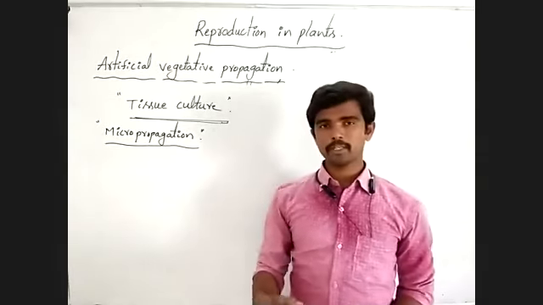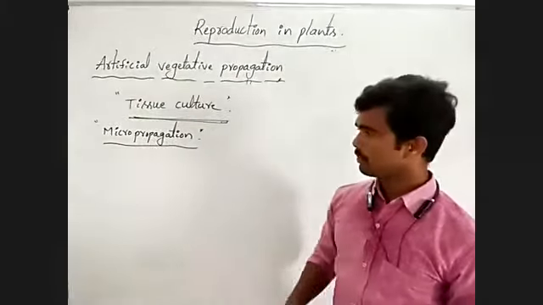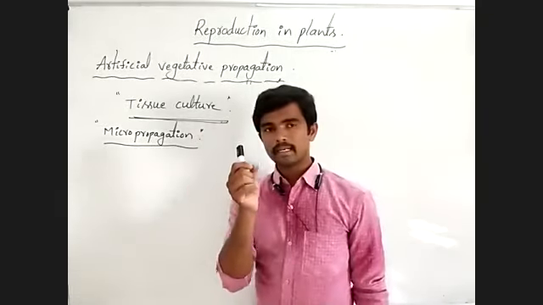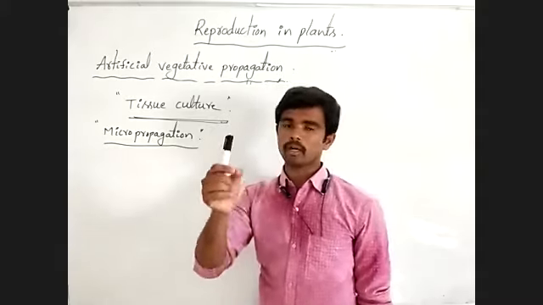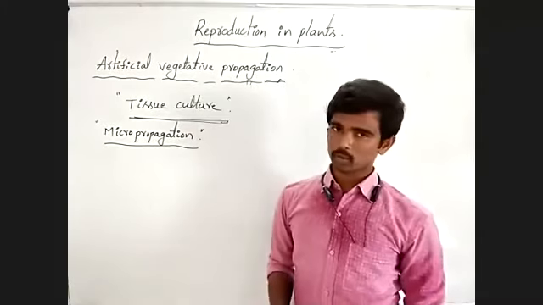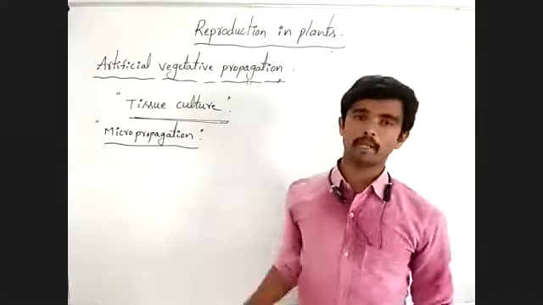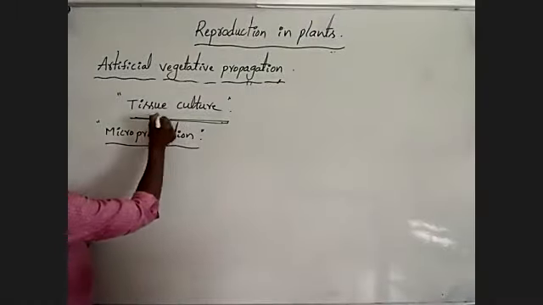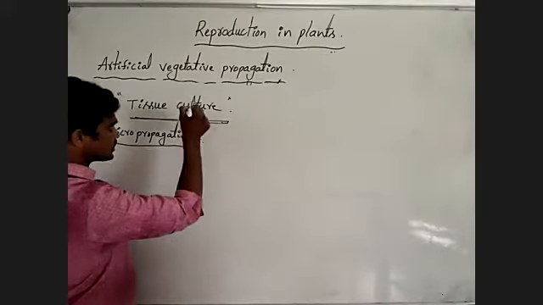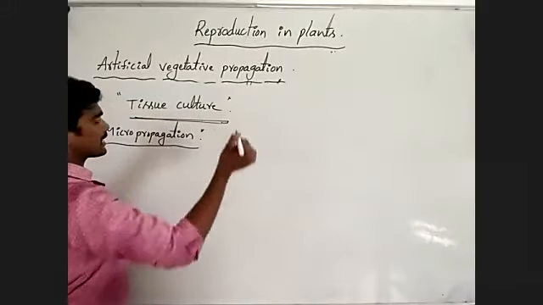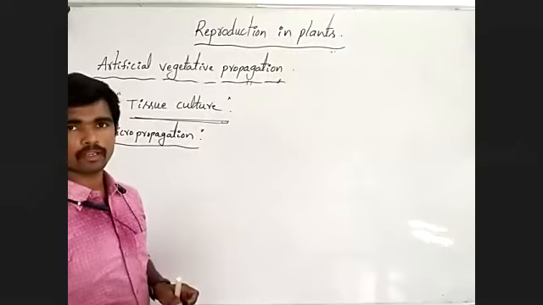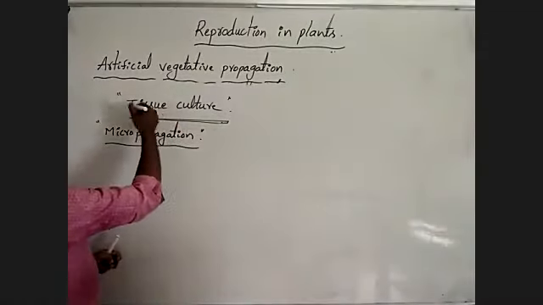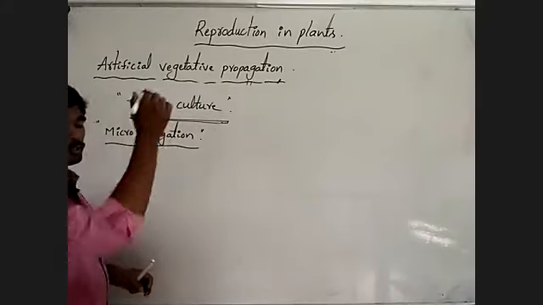We can produce a number of plants by using a small region or a microscopic tissue of the plant. This is tissue culture. In this technique, tissues are cultured, that is, tissues are grown into a new plant.